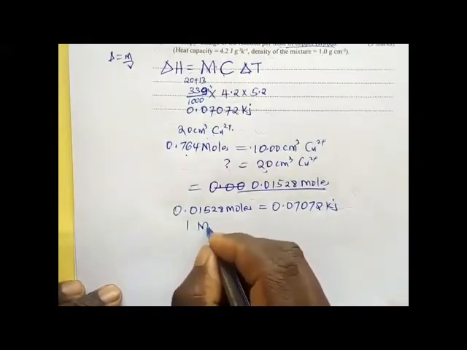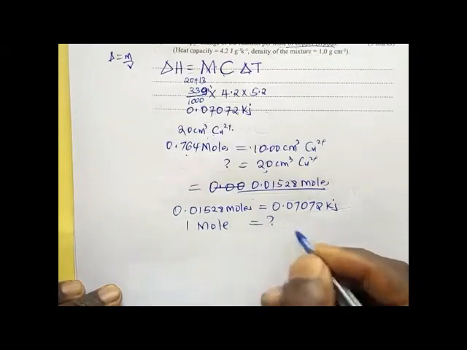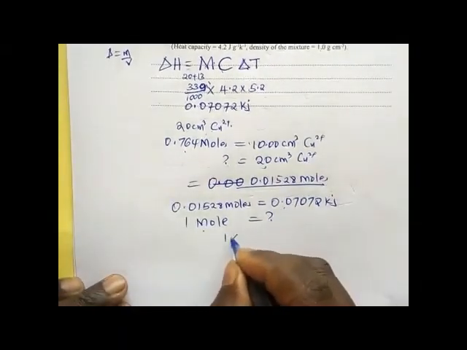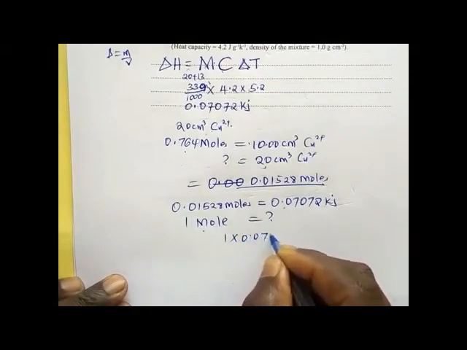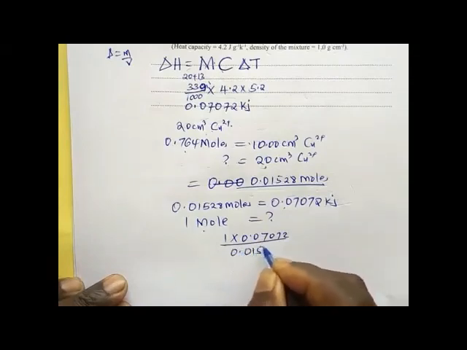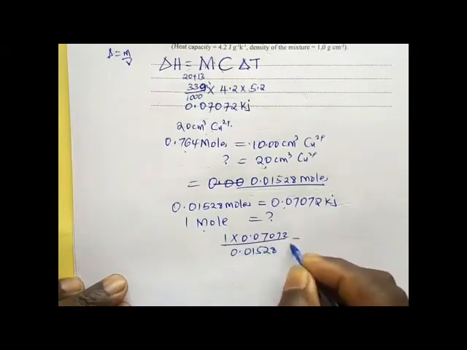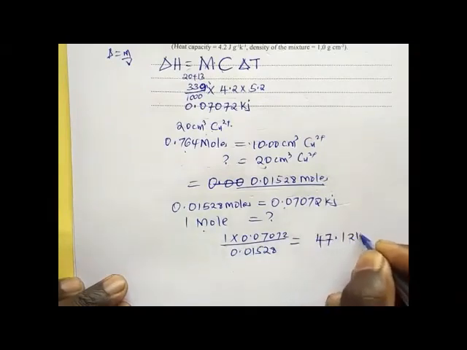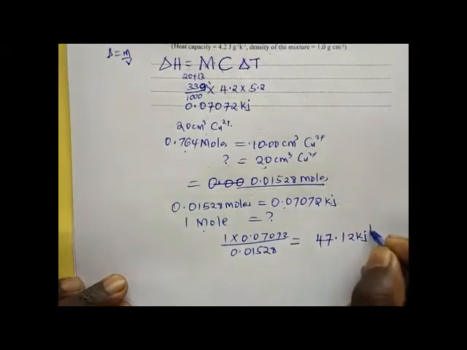And then 1 mole will produce what amount? So it is 1 times this divided by 0.01528, which will give you 47.12 kilojoules per mole.